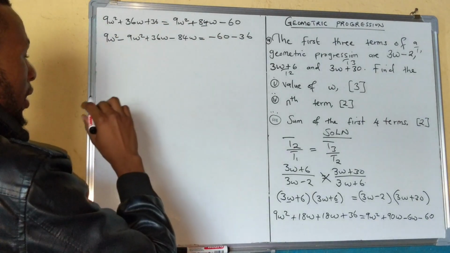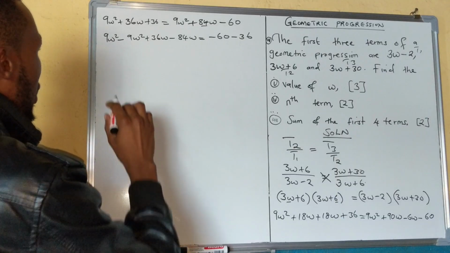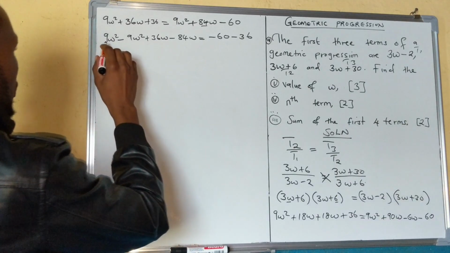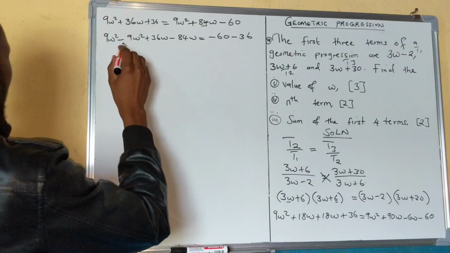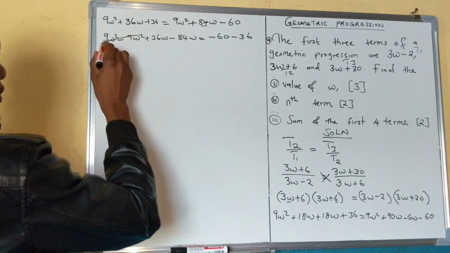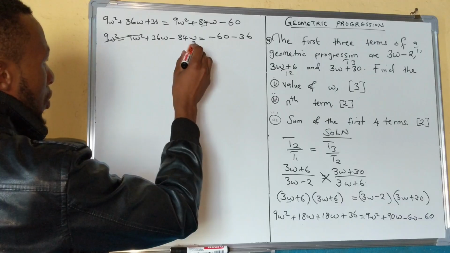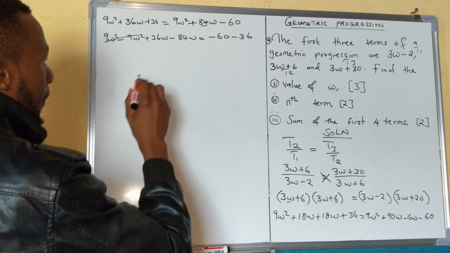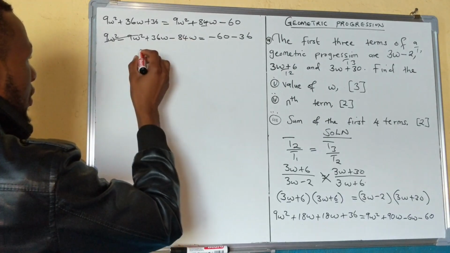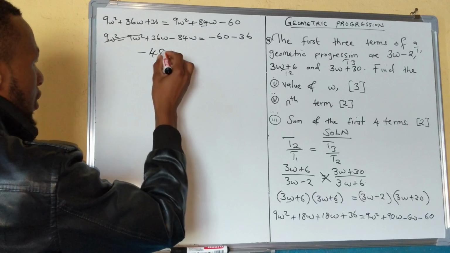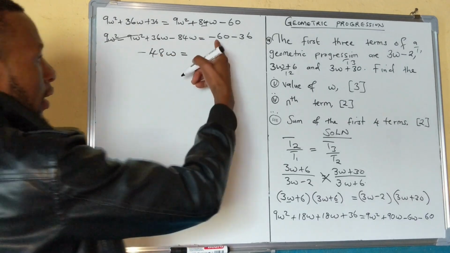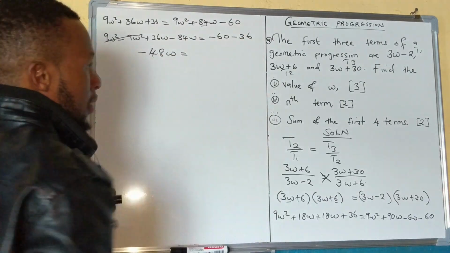Now 9w squared minus 9w squared gives 0, so they go. 36w minus 84w gives negative 48w equal to negative 60 minus 36.